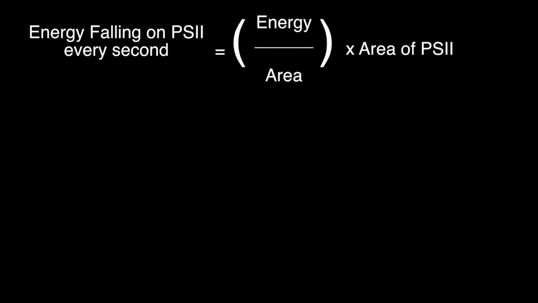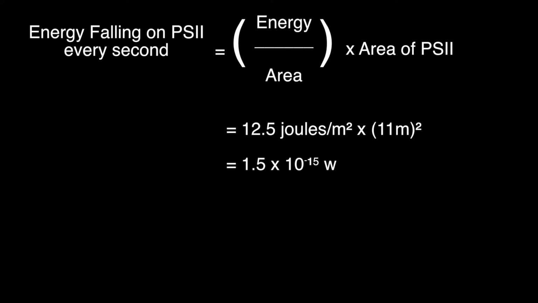Using this, the energy falling on PS2 every second is equal to energy over area times the area of PS2, which is 12.5 joules per meter squared times 11 nanometers squared, which is equal to 1.5 times 10 to the negative 15th watts.